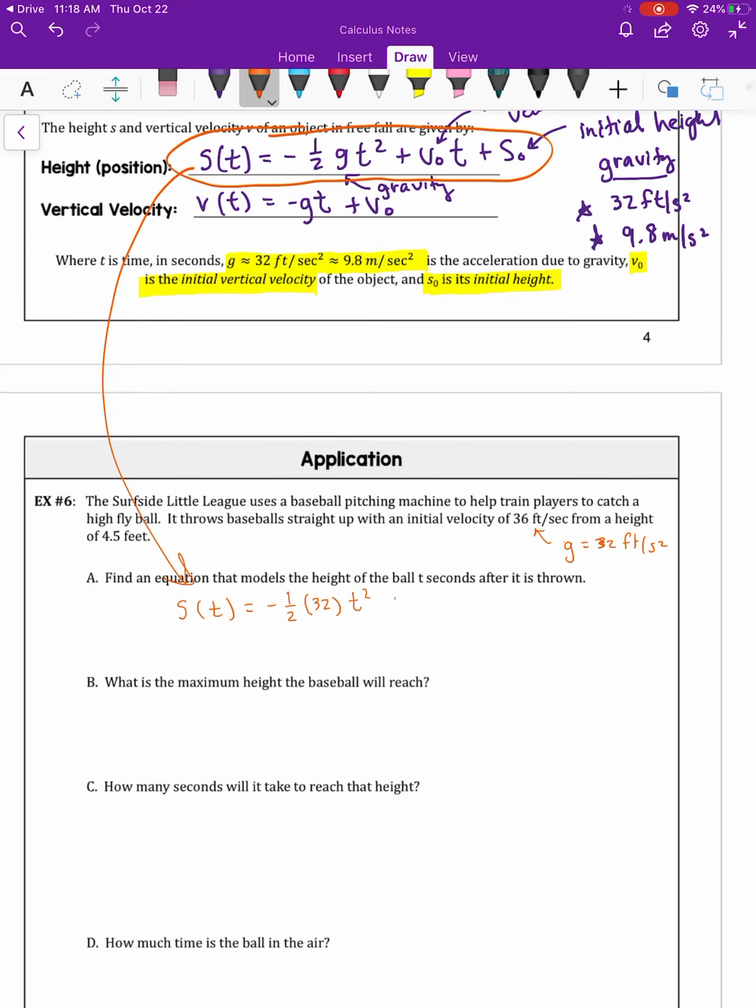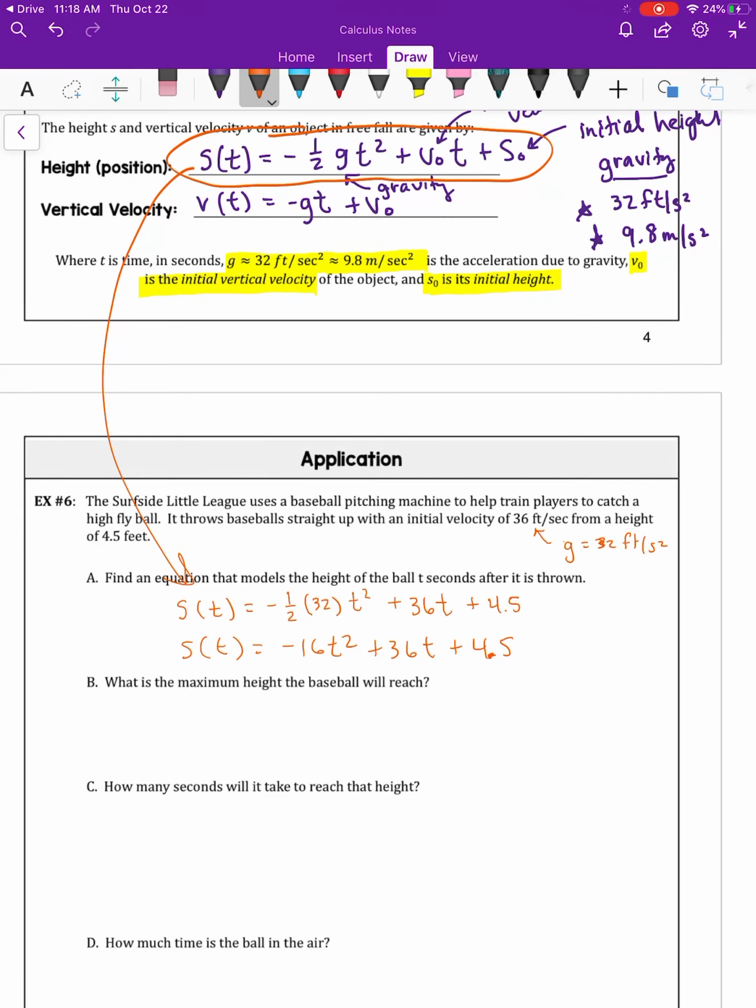So this would be t squared plus, it says the initial velocity was 36 t, and then plus they said that the initial height was 4.5 feet. Okay, so that's your equation. I would probably just simplify this very first term, negative 16t squared plus 36t plus 4.5.